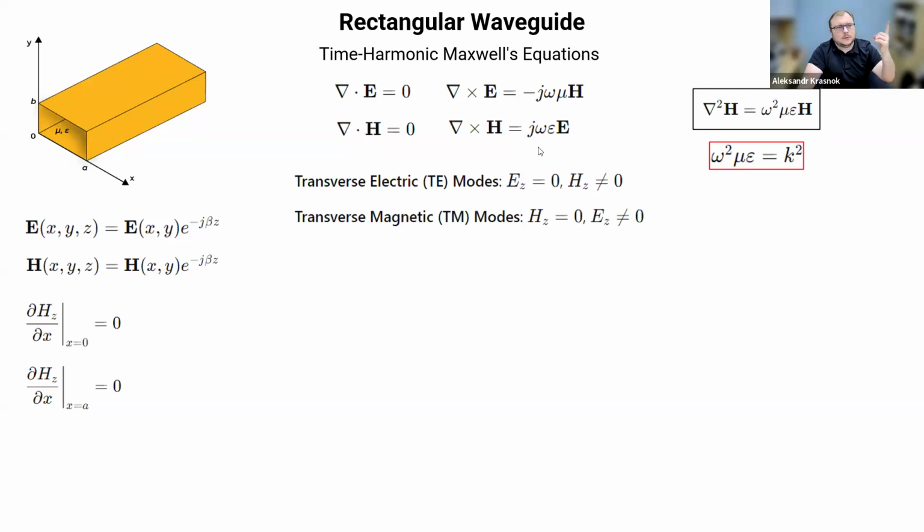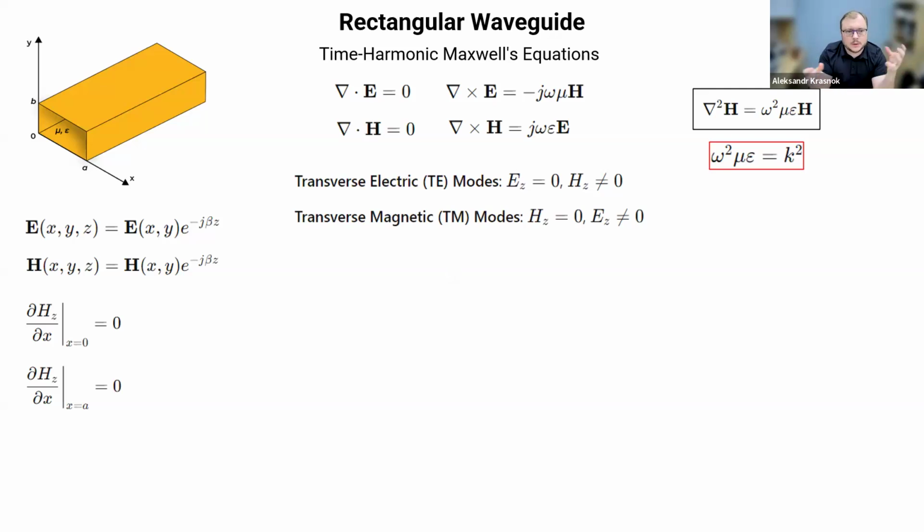So transverse electric mode is a mode with vanishing electric field along propagation. Okay, so Ez equals 0. Similarly, the TM mode is a mode with magnetic field component Hz equals 0. So the general solution is a combination, the superposition of the two.